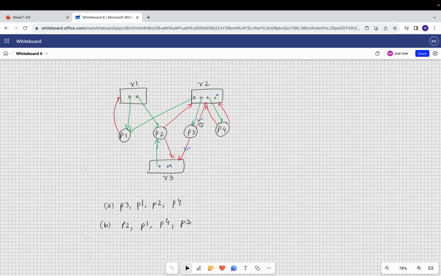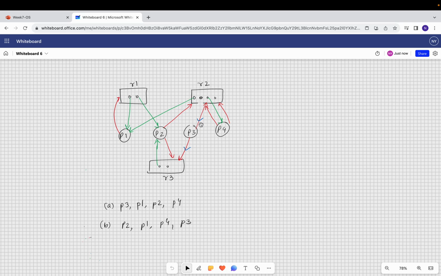So P3 will execute, and when it finishes, it will release the resources that it has. So this resource will become free, this resource will also become free when P3 has executed, and this resource that was with P3 will also become free. So now we have 2 units of resource R2 free and 1 unit of R3.